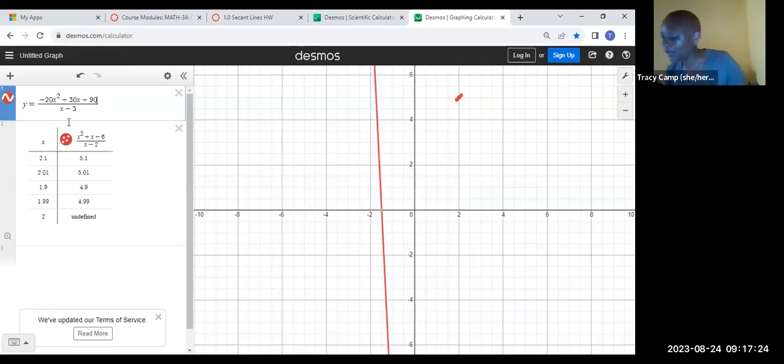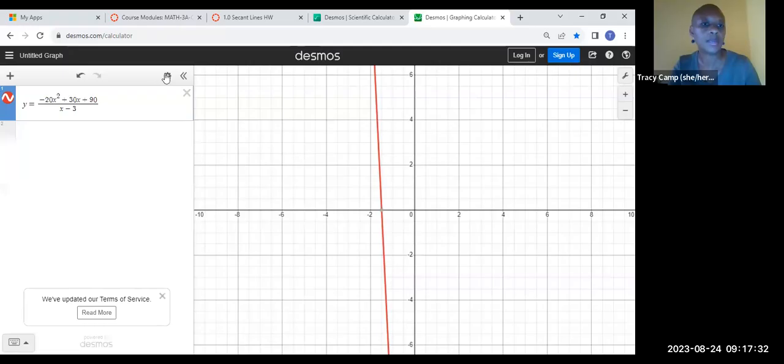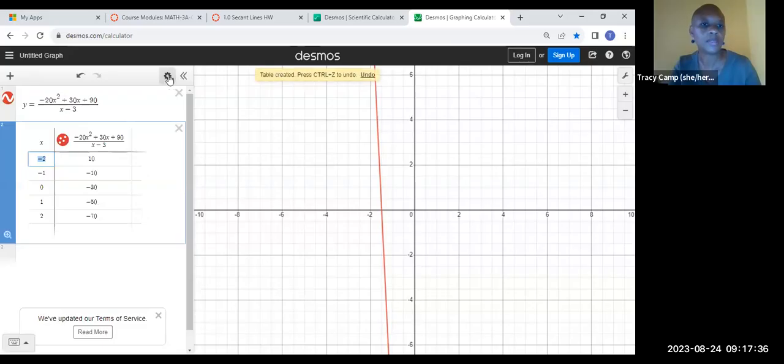Did I write it all correctly? Negative 20x squared plus 30x plus 90 over x minus 3. And let's get our table. So we clicked on this little settings symbol, edit list, and then clicked on the little table. This is what I got, but I'm going to enter the numbers that were given.